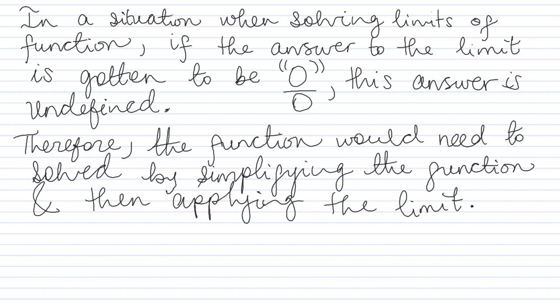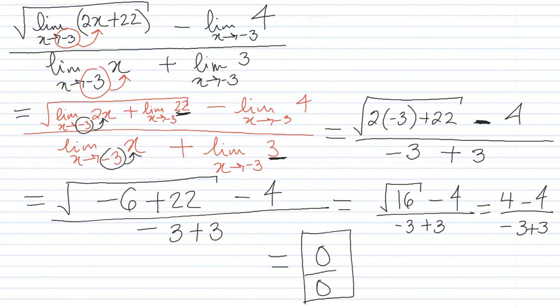You're going to have to simplify that function, break it down a lot, and then apply the limit. When you do it that way, you can actually find what the limit is. It does not mean that the limit does not exist. It just means that the limit is currently undefined due to the way you're solving it. But if you simplify the question first and then apply the limit, you're going to be able to get the answer, hence the y value of the limit.